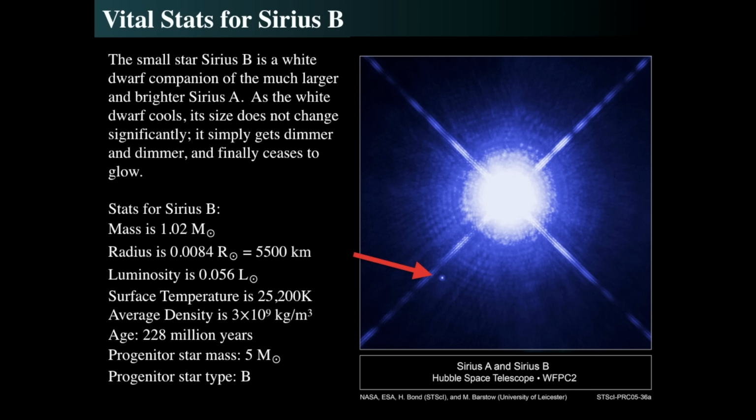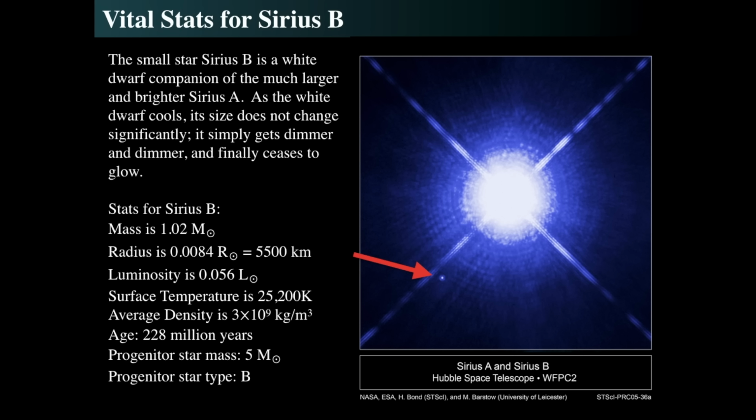But the surface temperature is enormously hot, over 25,000 Kelvin, which is 4 times the temperature of the sun. So it's very, very hot. The average density, therefore, if we take the mass and divide it by the volume, 4/3 pi r cubed, we get an incredibly high density of 3 billion kilograms per cubic meter. That's a lot. 3 billion kilograms per cubic meter.